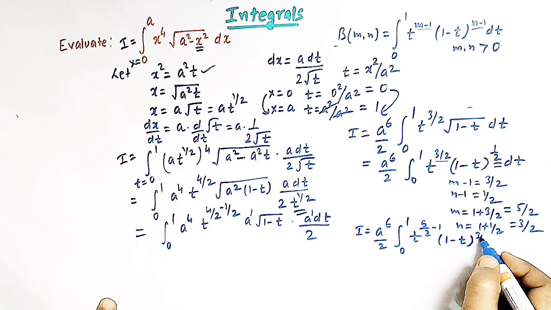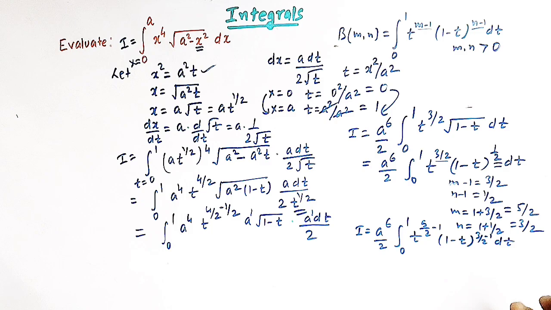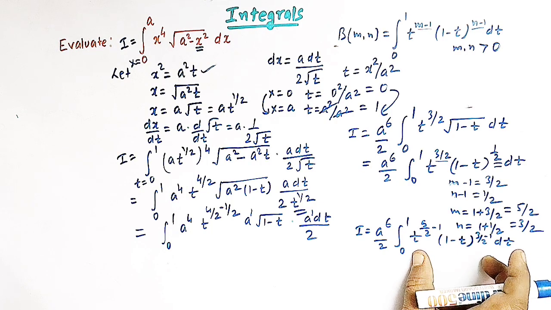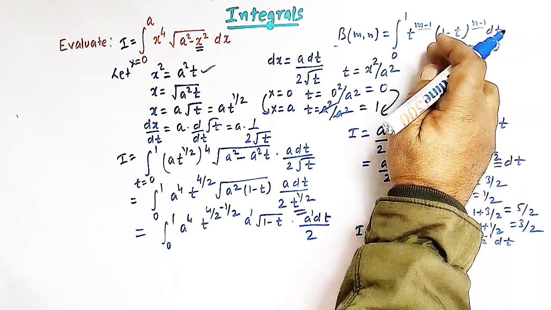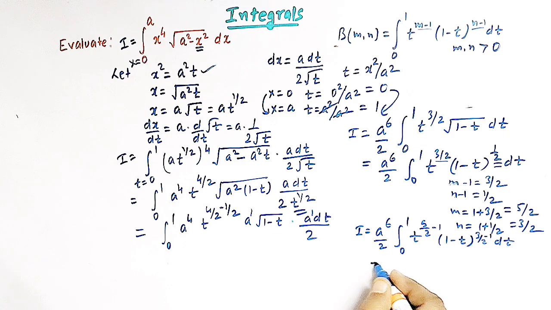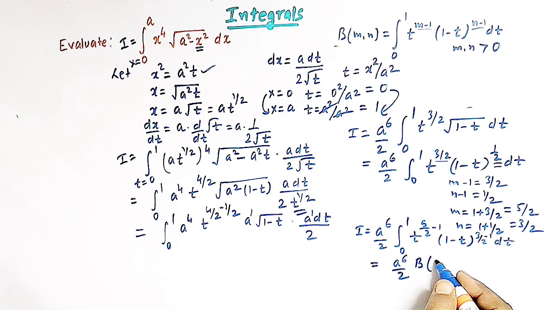N is 3 over 2, and this is 3 over 2 minus 1, and dt. So now this integral is exactly similar to this one, right? So we have here a raised to 6 over 2, and this integral is equal to the beta function, that is beta m comma n.